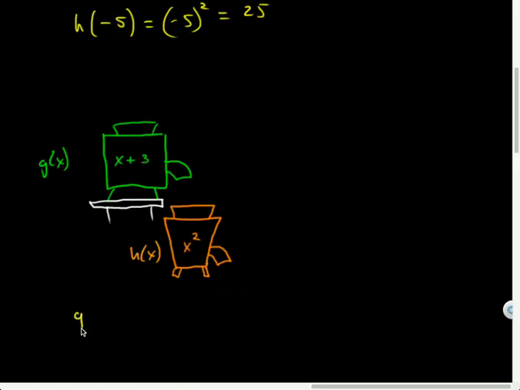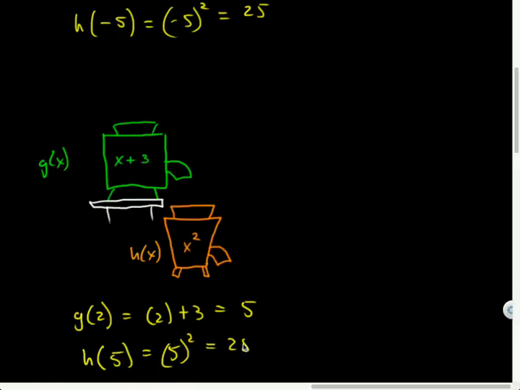So we figured out that g of 2 was 2 + 3, or 5, right? That's what g of 2 was. And then we figured out that h of 5 was 5 squared, or 25.